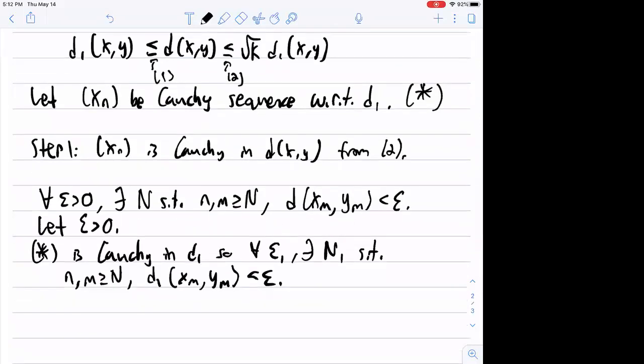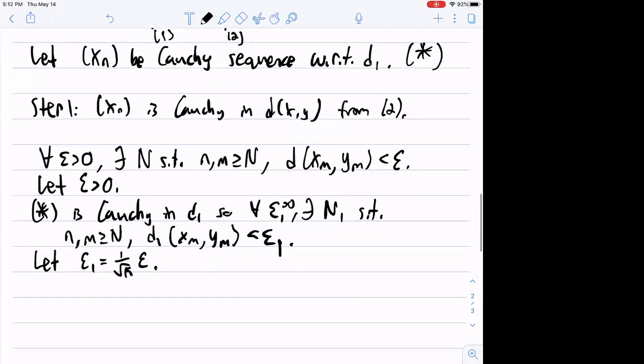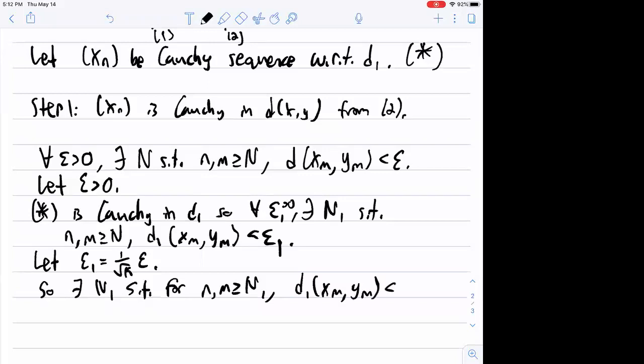So what I'm going to do is, since this holds for all epsilon 1 bigger than 0, let epsilon 1 be 1 over root k times epsilon. So there exists n1 such that for n, m bigger than or equal to n1, d1 of xm, xn is less than 1 over root k epsilon.